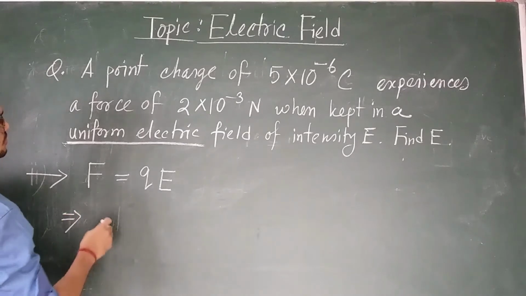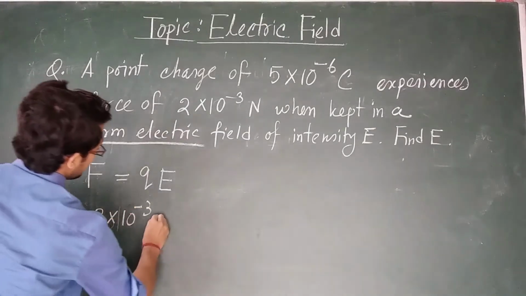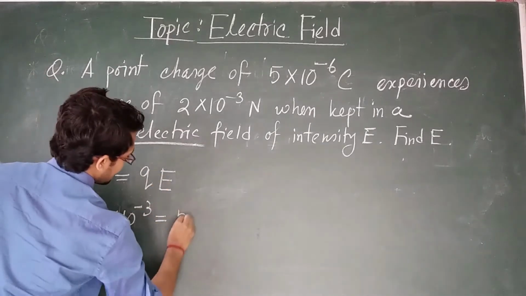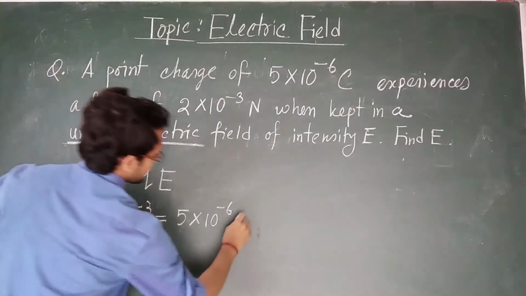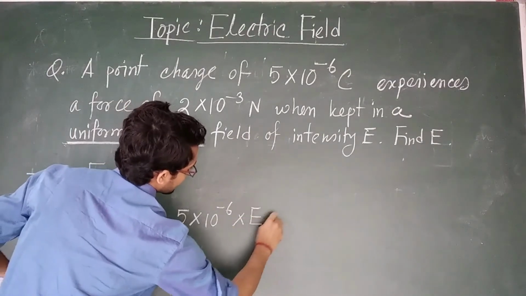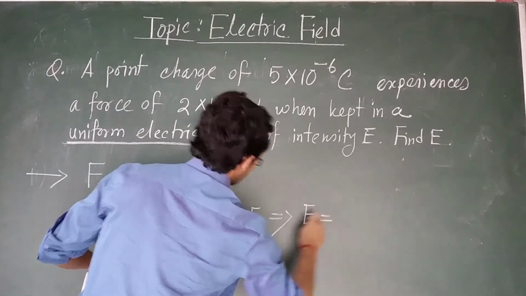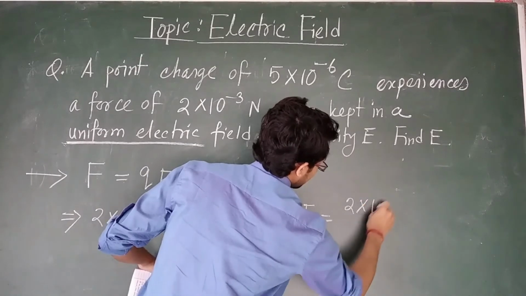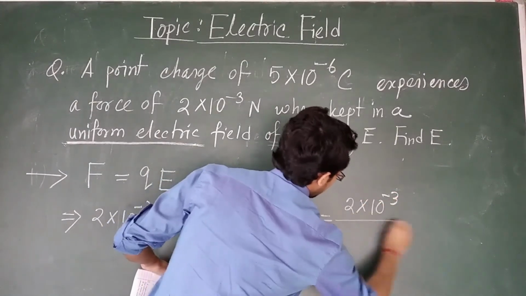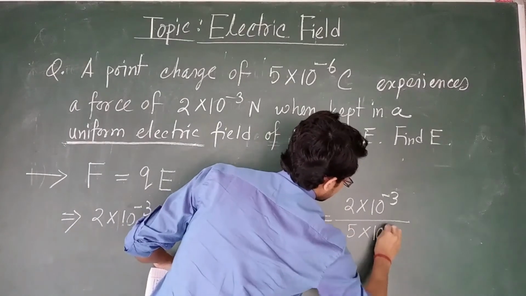So F is equal to 2 into 10 to the power minus 3 Newton, Q is equal to 5 into 10 to the power minus 6 Coulomb, into E. So what will be E? E will be 2 into 10 to the power minus 3 by 5 into 10 to the power minus 6.